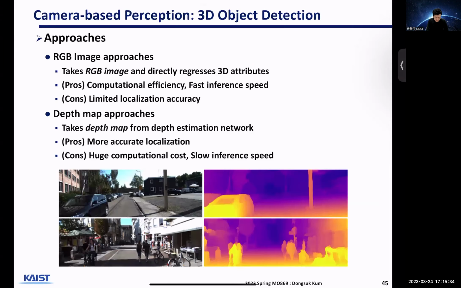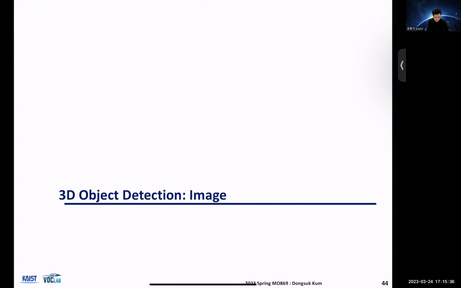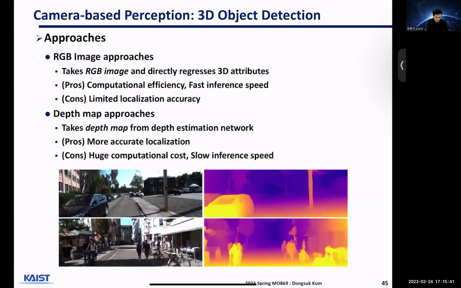All right, let's move on to image-based 3D object detection. Image-based, camera-based perception can be classified into two approaches. One would be the RGB approach, and the other one is the depth map-based approach.